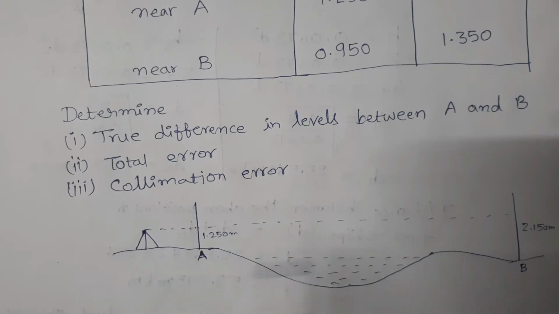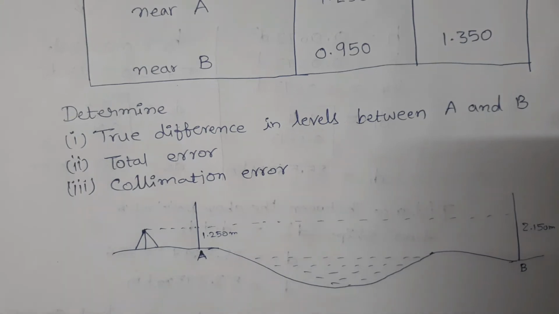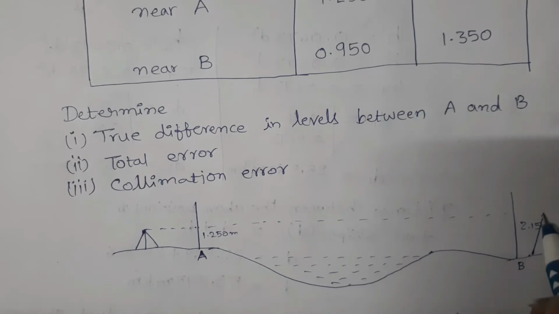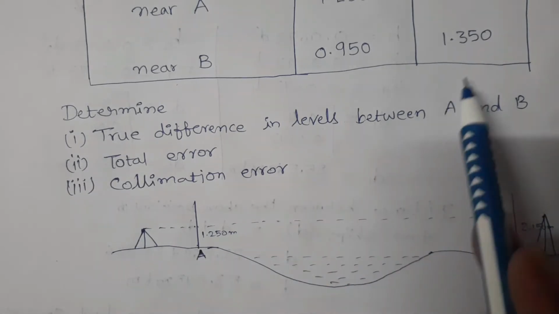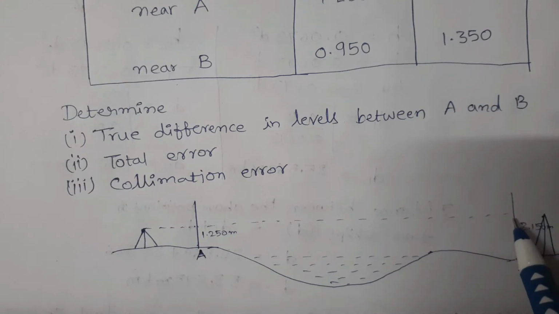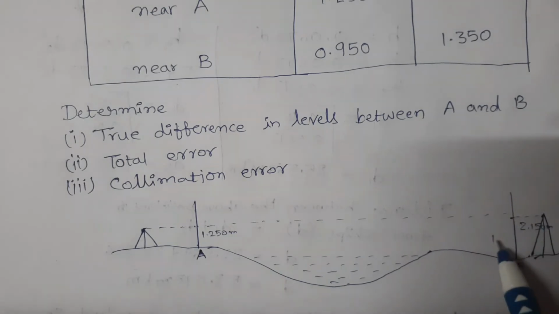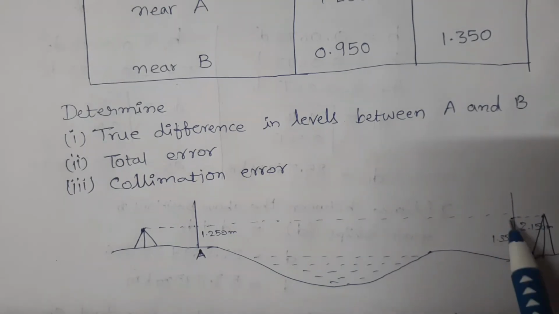Next, the instrument is shifted to this side. Set the instrument here and observe the staff readings on A and on B. On B it is 1.35 meters.